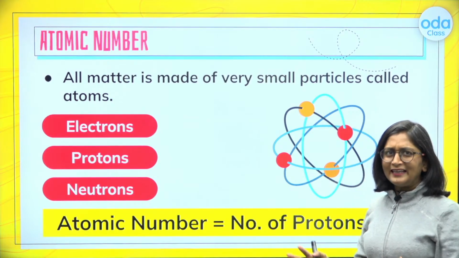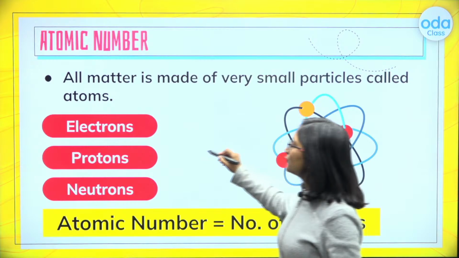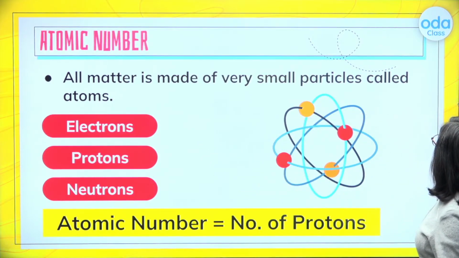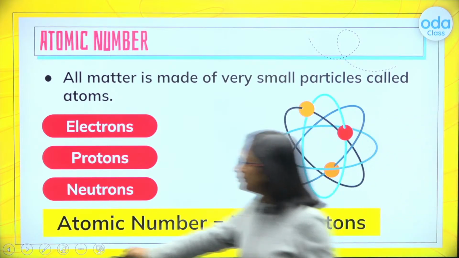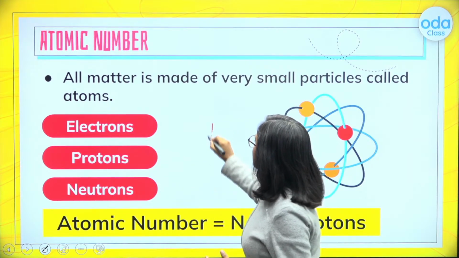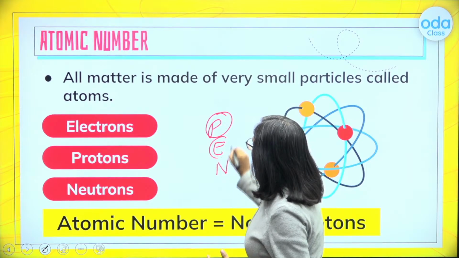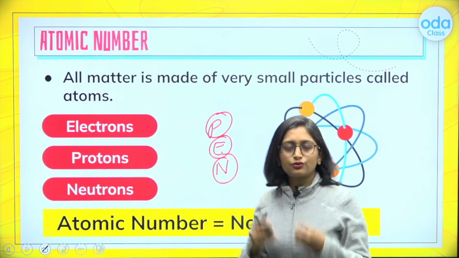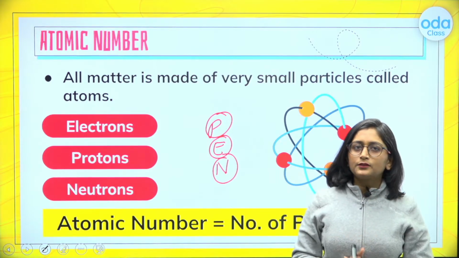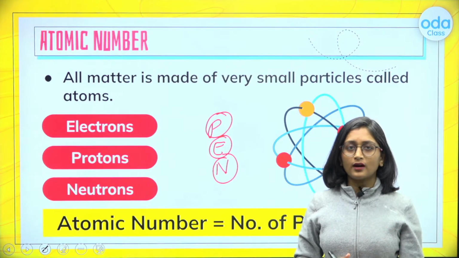There is a very easy mnemonic to understand and remember this: P, E and N, where P is for proton, E for electron and N for neutron. Now the very important terms come in, and how they are associated with isotope, isobar and isotone.